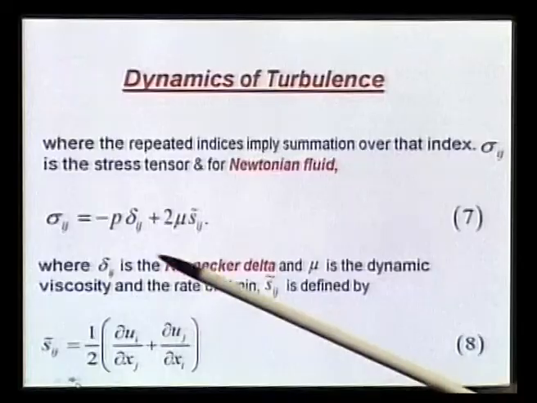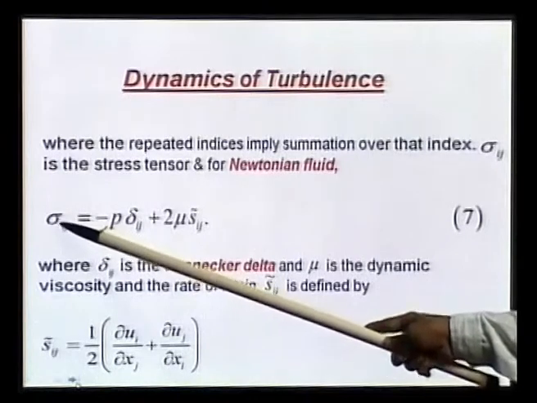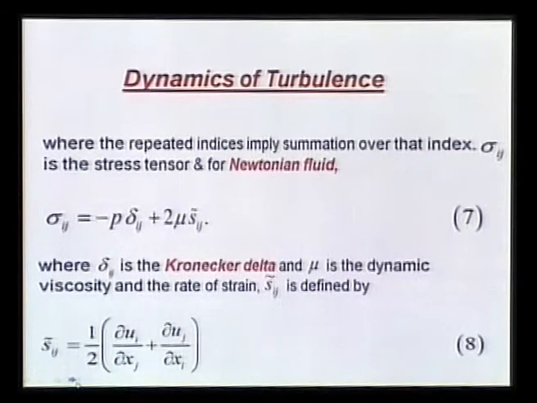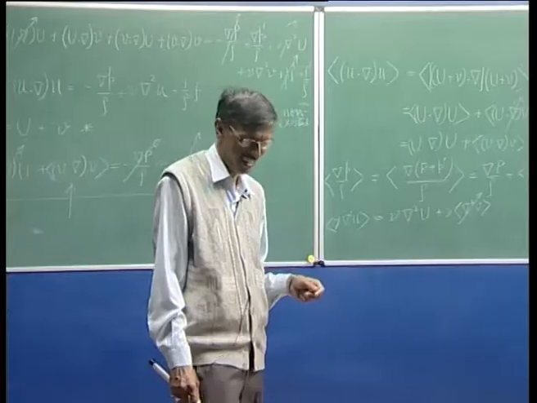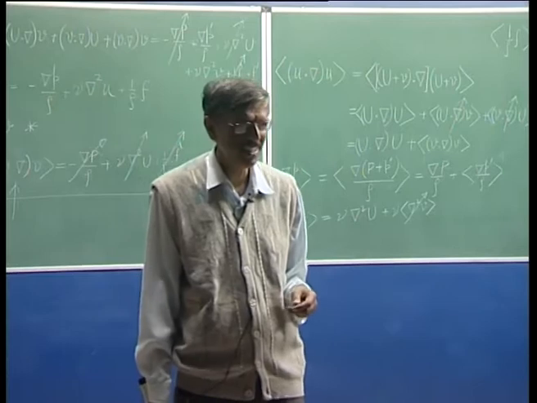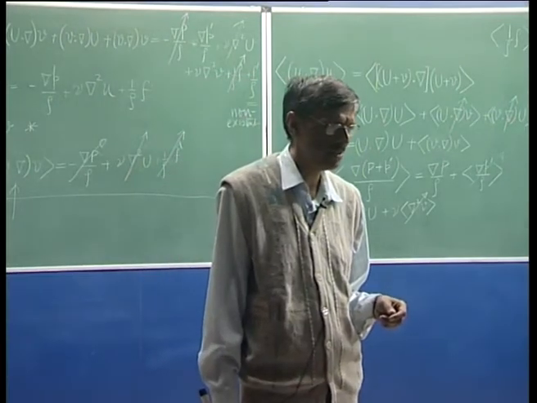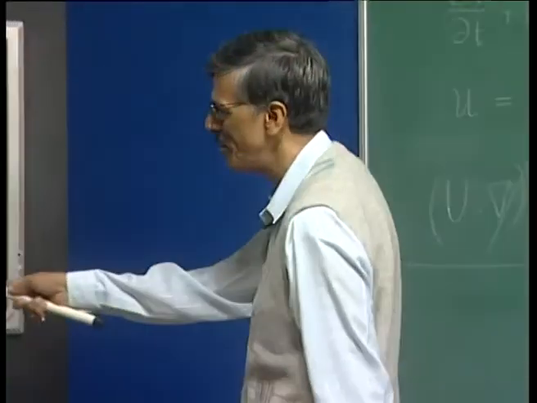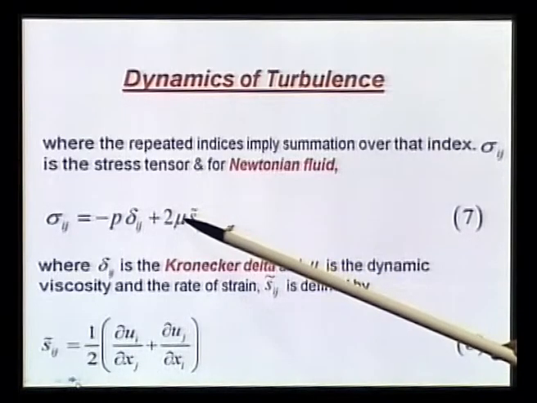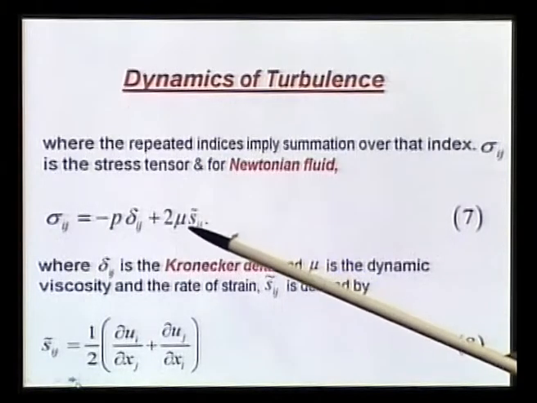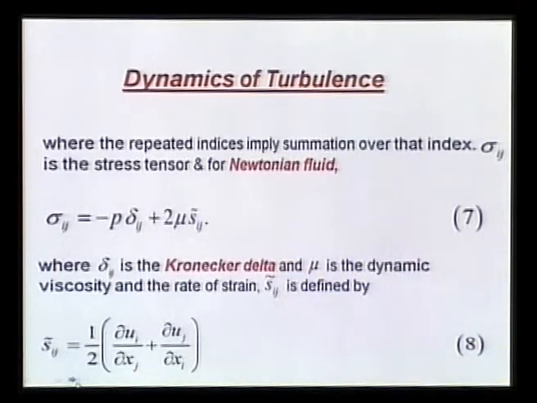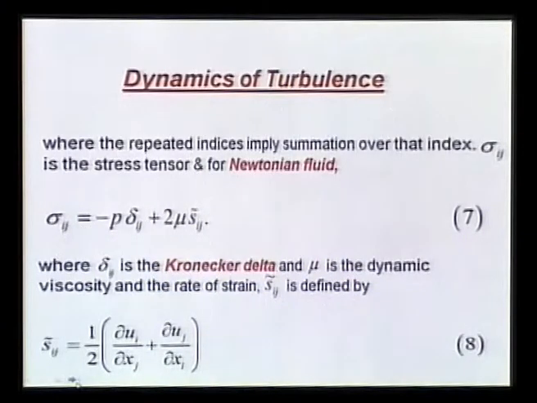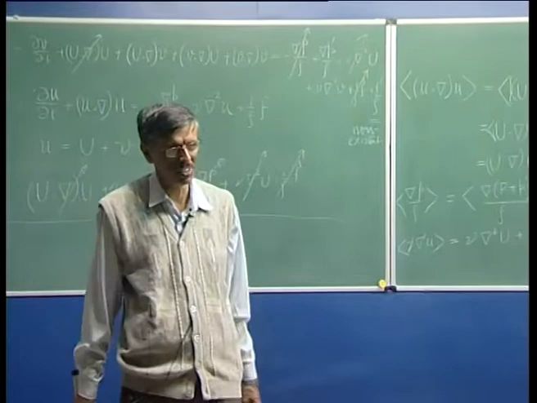Because here we have a tensor of rank 2, and this is also a tensor of rank 2. At the least, mu should be a tensor of rank 4. So, it is like a dot product: the mu matrix, a 4th order tensor, taking a dot product to give you another 2nd order tensor. That is what you do in a vector equation.